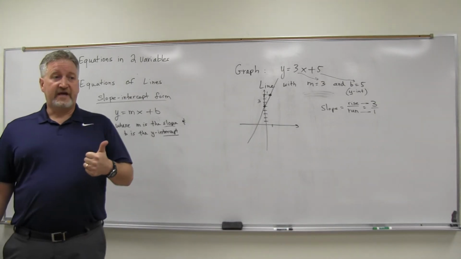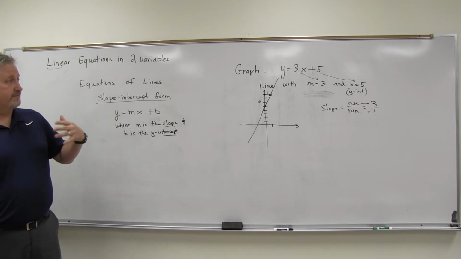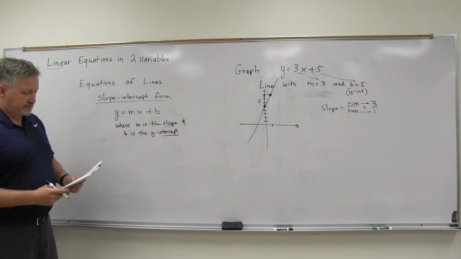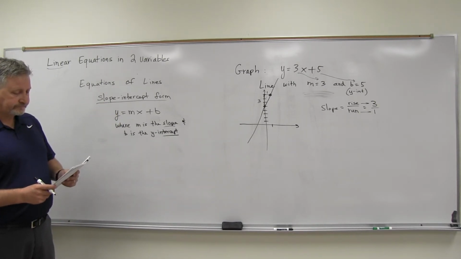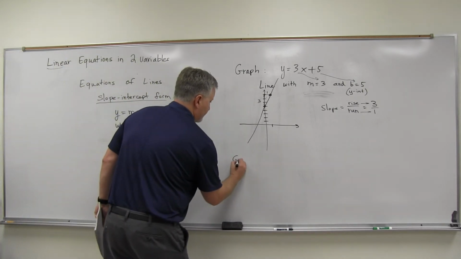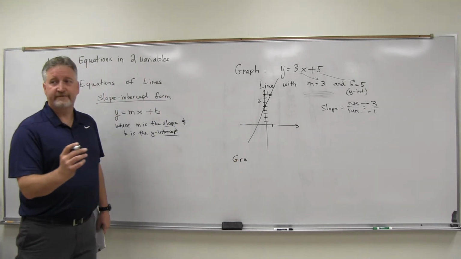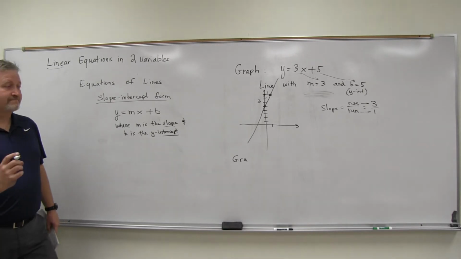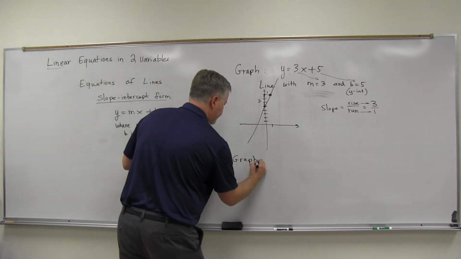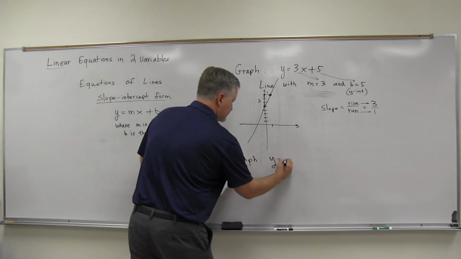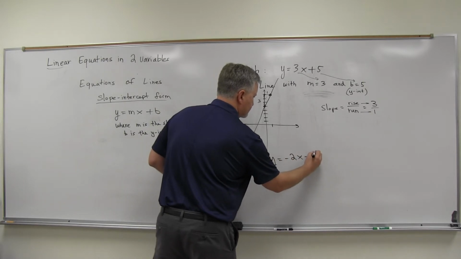You can still use a table, and a table would be fine, but this will work. All right, so any questions on that one? Let's try another one. Let's graph y equals negative 2x minus 4.